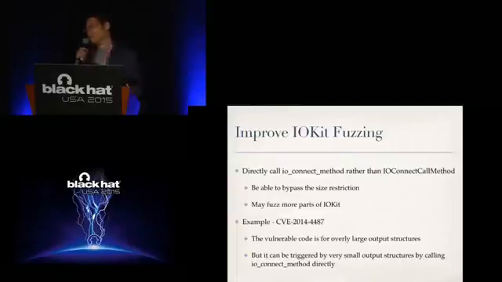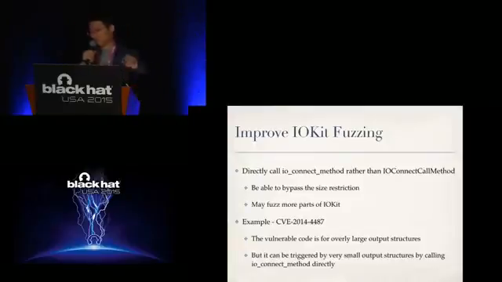So the idea to improve the previous IOKit fuzzing is that you should not call IOConnectCallMethod. It is a better choice to call the more low-level function, IO_connect_method, and that gives you the power to bypass the size restrictions.